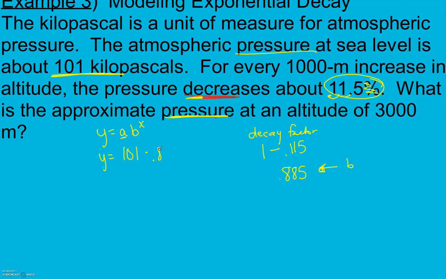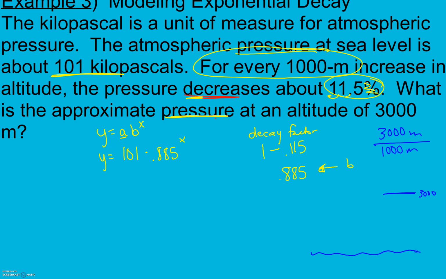So 0.885 still raised to the x power. And x is for every 1,000 meter increase in altitude, the pressure decreases. So for every 1,000 meters, that's our x value. So here, my altitude is 3,000 meters. And I'm going to divide by 1,000 to figure out how many changes I've had. Or we can think about it as 3,000 being here.